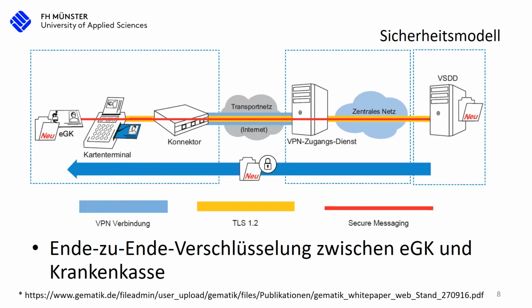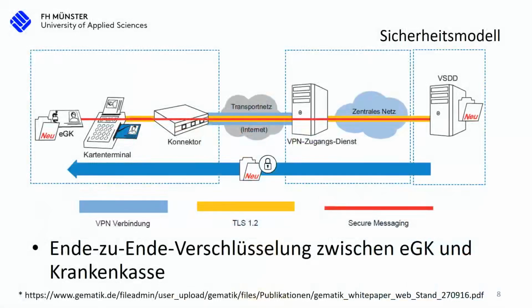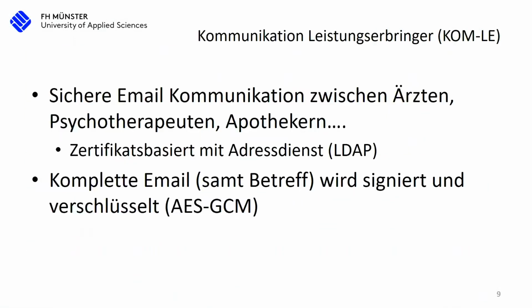And in order to have the connection set up properly, you need a secure message system that is an ISO standard that is being applied here. It has symmetric encryption. It uses AES and a message encryption algorithm in order to have a secure, verified connection between the insurer and the card, and the data is only unencrypted on the card itself.